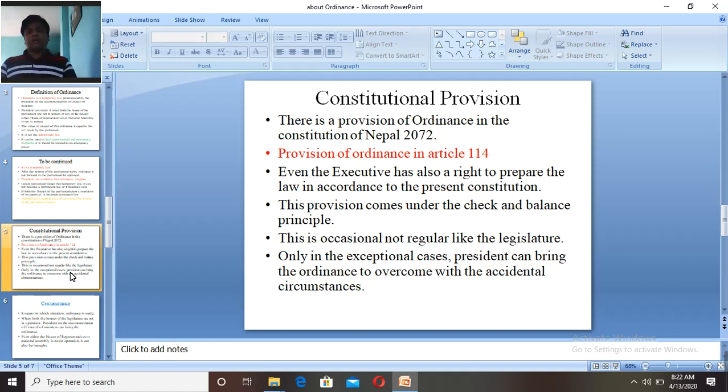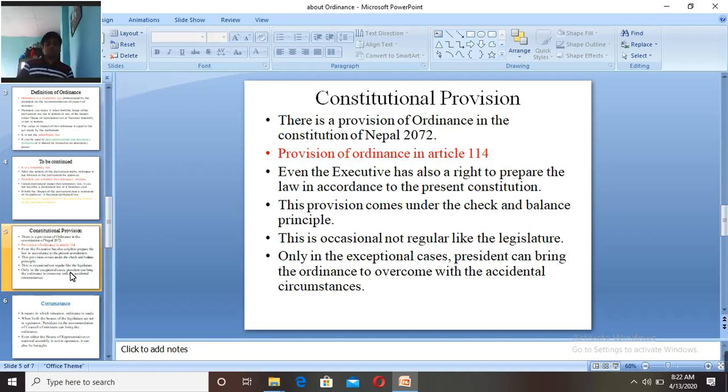So even the executive has the right to prepare the law in accordance with the present constitution. Yes, it is the constitutional authority for the executive to pass the ordinance to meet certain requirements, and this provision comes under the check and balance principle, and this is occasional, not regular like the legislature.